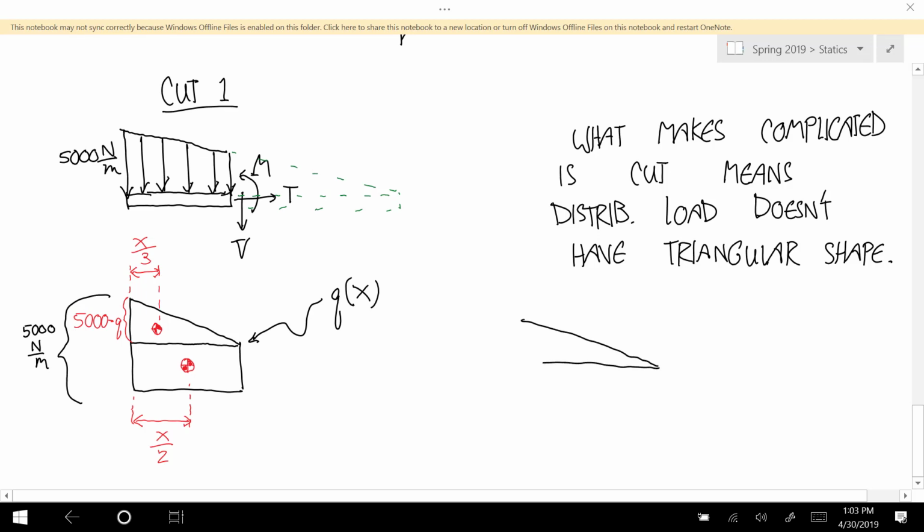The triangular one has a height of 5,000 minus q and a width of x. So the area of the triangle is x times 5,000 minus q over 2.